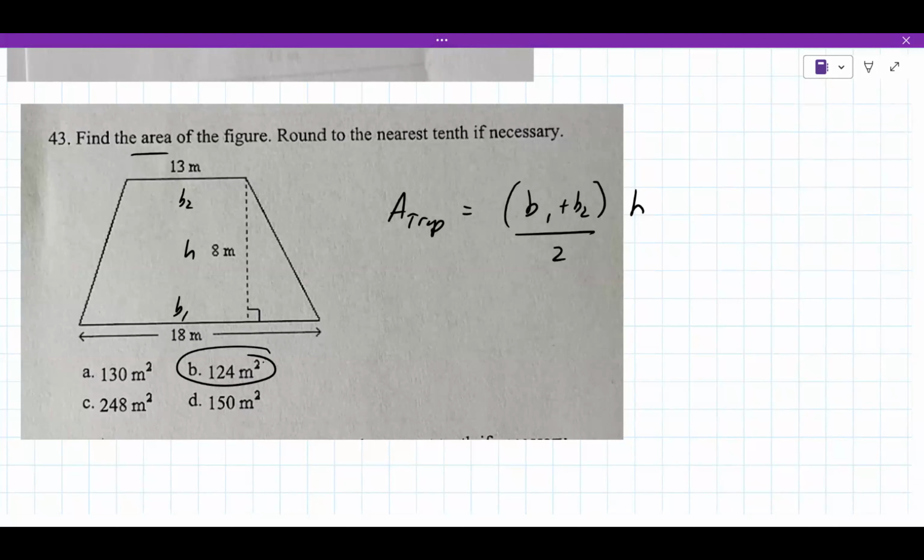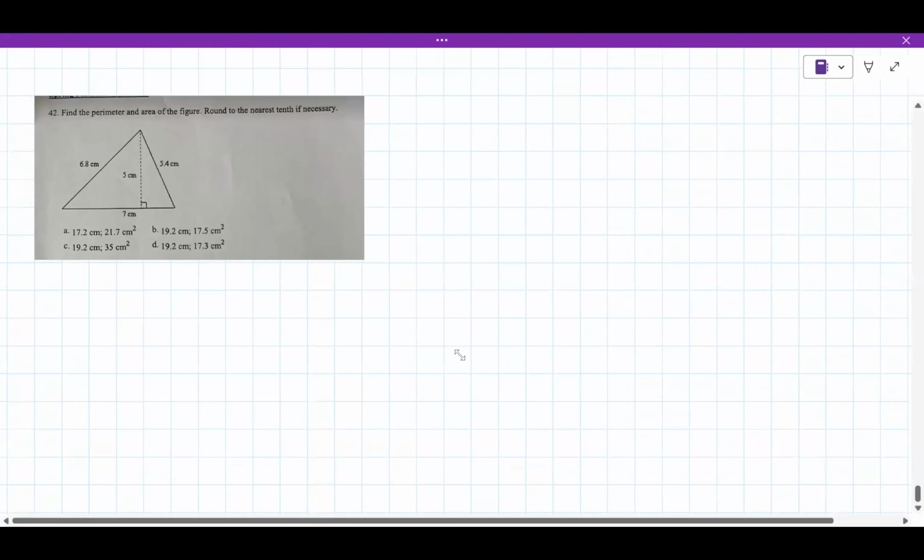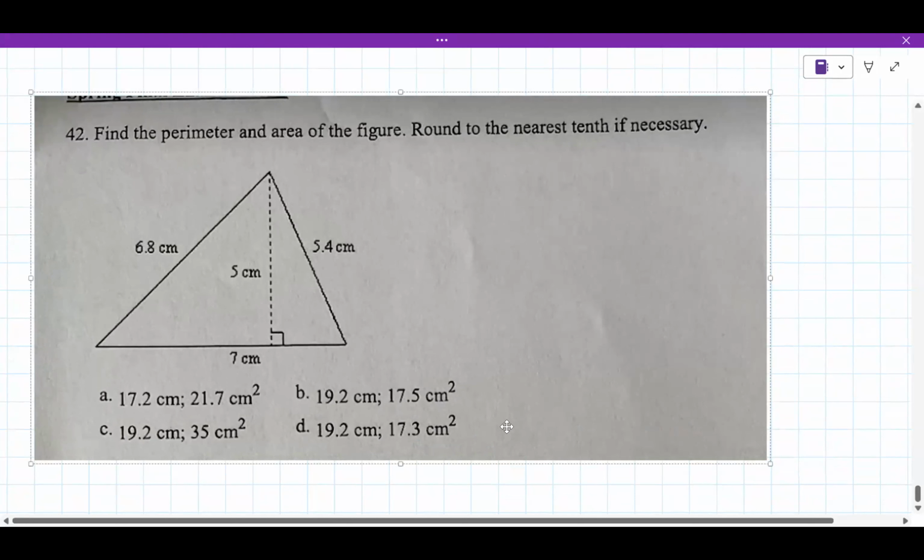And here's another situation, this one for a triangle. We've got a lot of volume, so you're going to have that, but general knowledge is we want you to be able to find the perimeter and area of a figure, perhaps a triangle like this. Would you give this a shot, please?